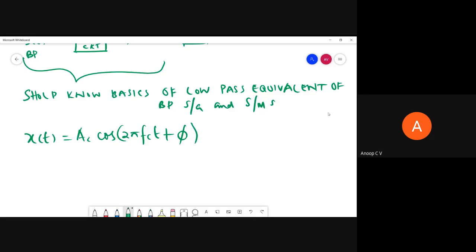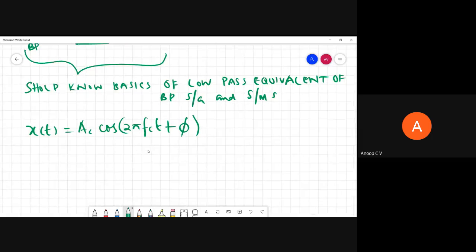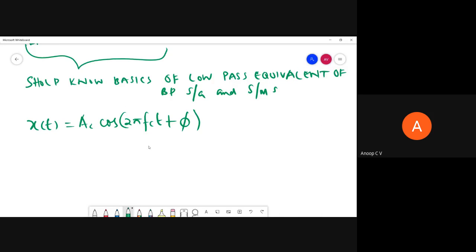You can see it has a frequency content f_c. It's a band pass signal. Why? Because it doesn't have any low frequency content. The only frequency content present is f_c.